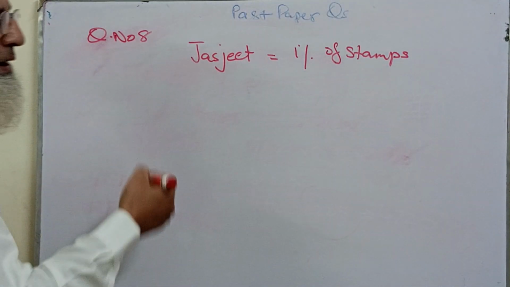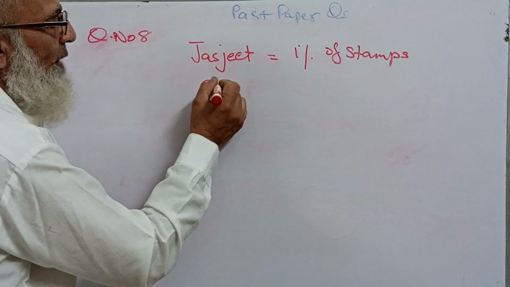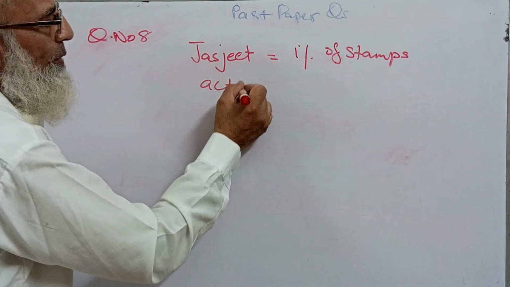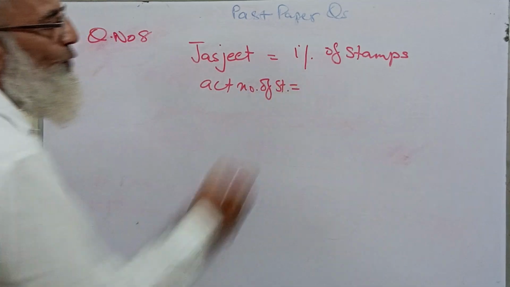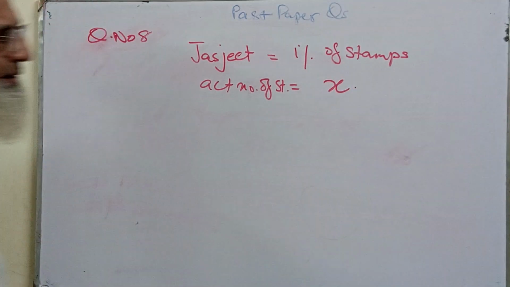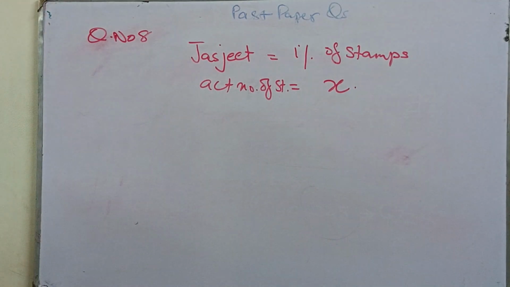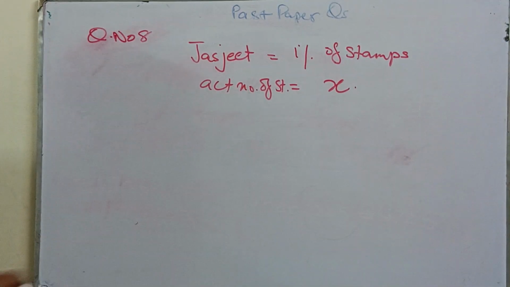And what was the actual number of stamps? Actual number of stamps, we don't know. Now, again, it has two ways to do it. Let me consider that there were X stamps with Jasjeet.